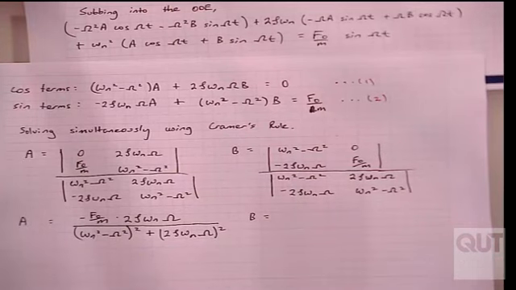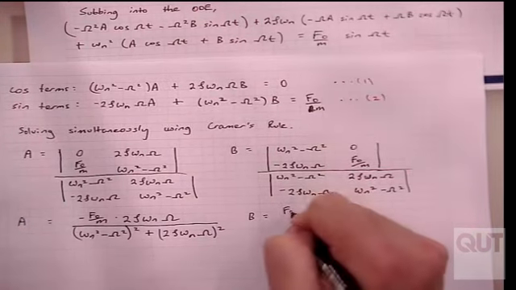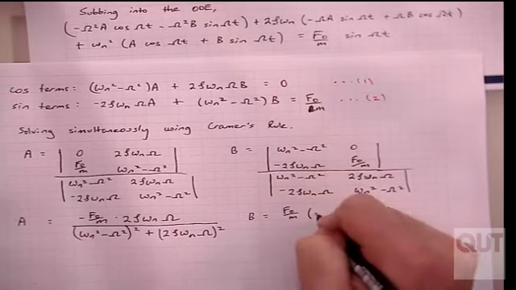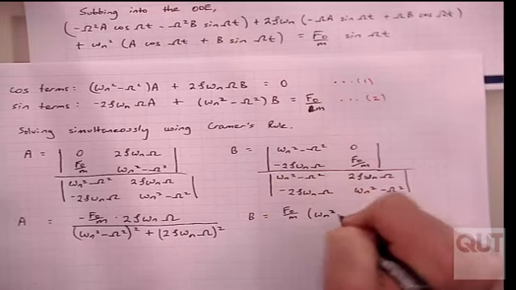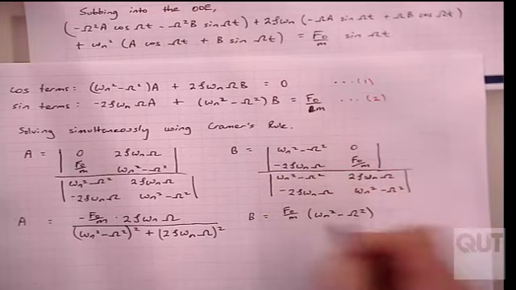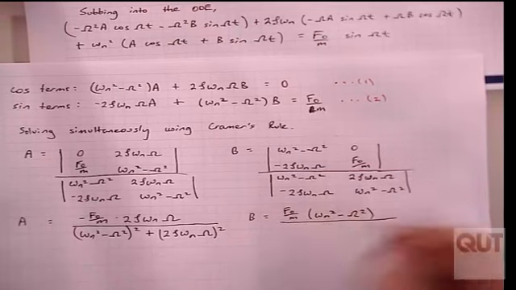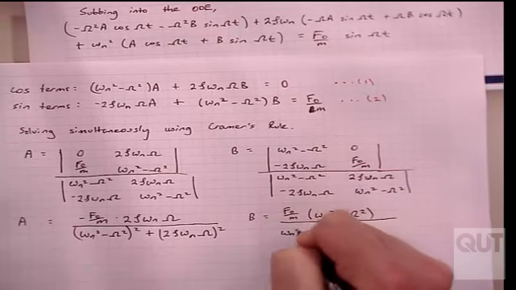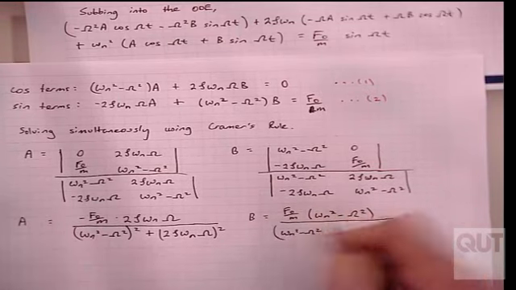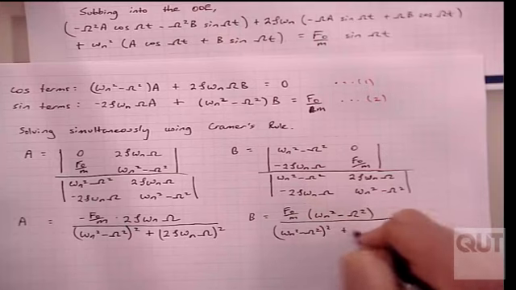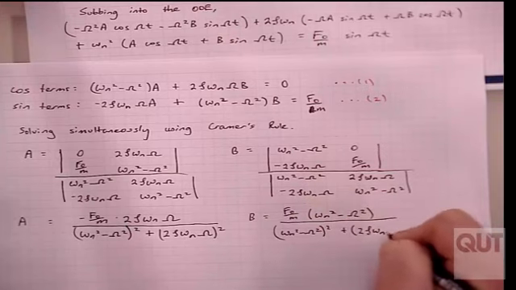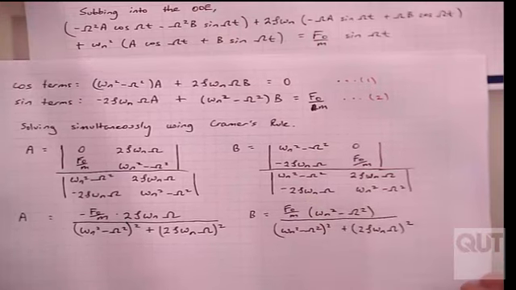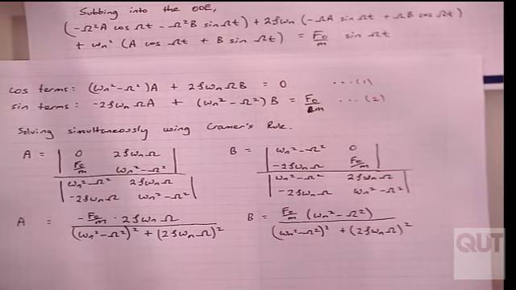So we then solve the determinants of those matrices through the formula AD minus BC. And that's B. That's the coefficient of the sine term in the particular solution.